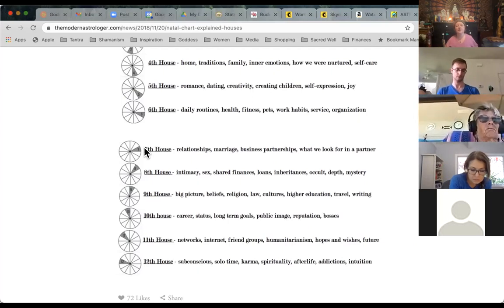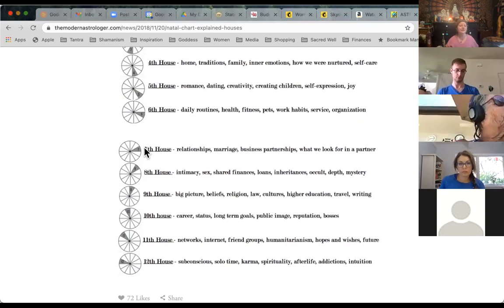work on projects with, people that you might have shared activities with, relationships that are going to be beneficial. It might be student-teacher relationships, or peer growth-oriented relationships. But in your 7th house, these are the people that help you to grow.